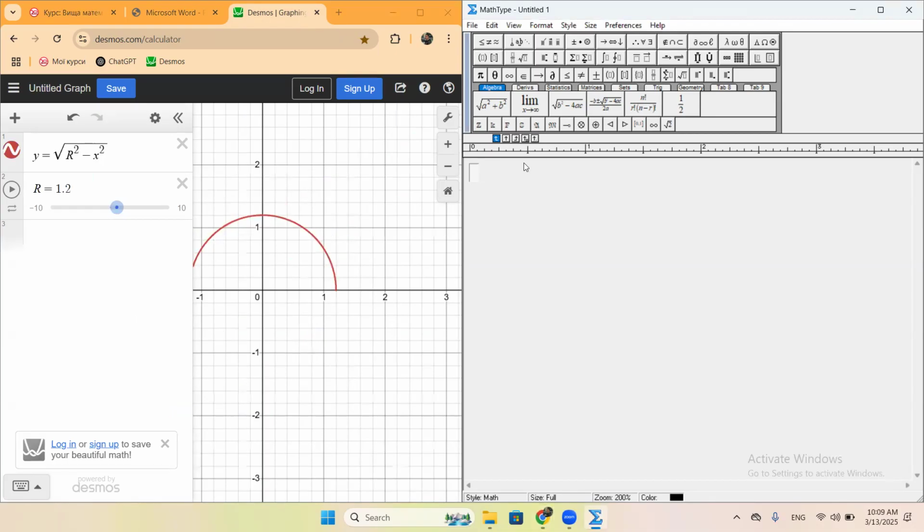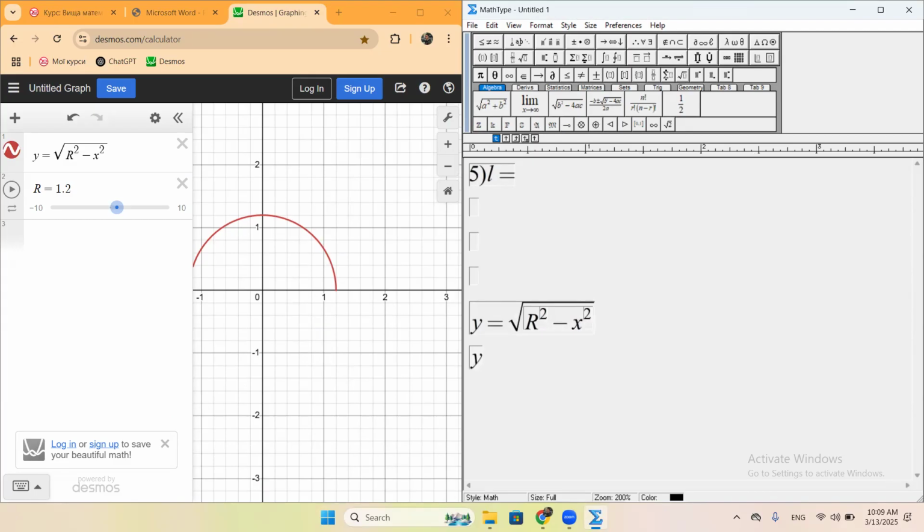So the explicit form will be the following. y equals the square root of r squared minus x squared.